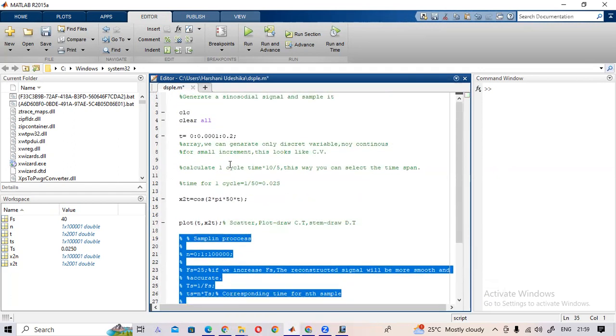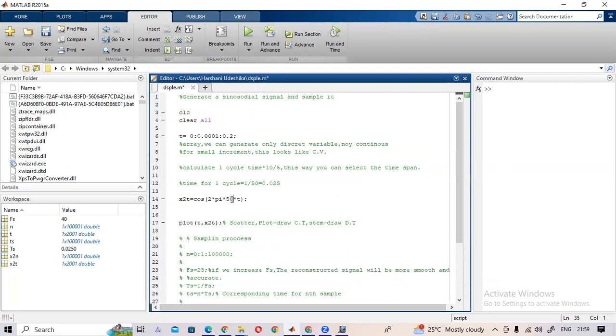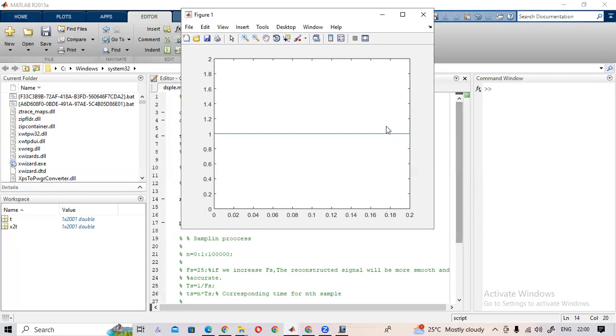You can see that this frequency can be any value. It can be minus infinity, that means a very high minus value, and it can also go to plus infinity, that means a very high plus value. For example, it can be minus 50,000 or something.